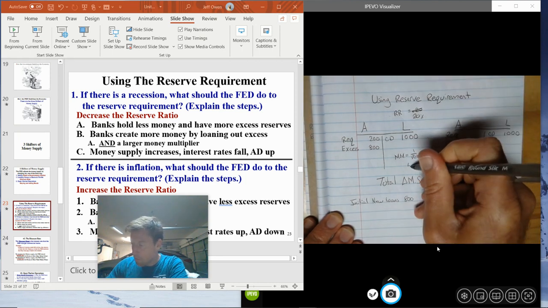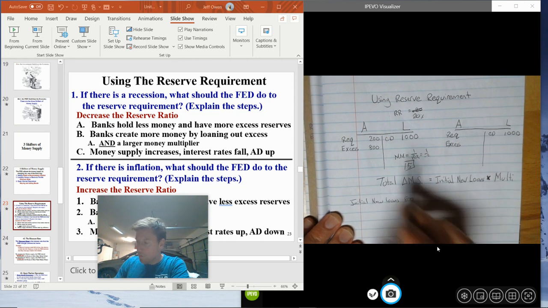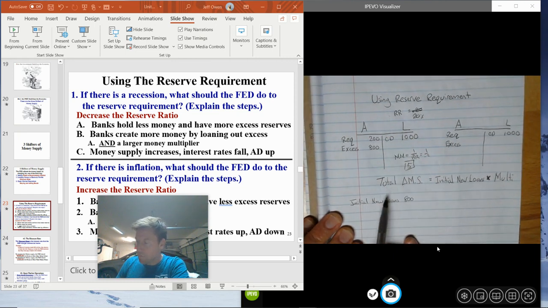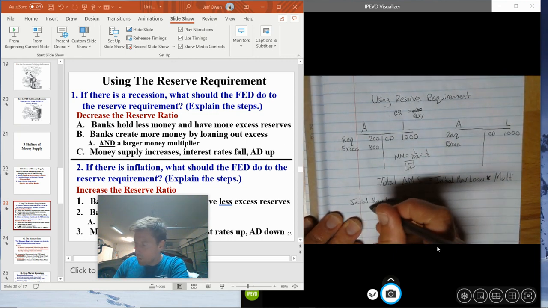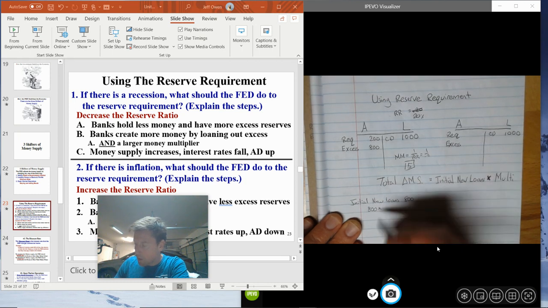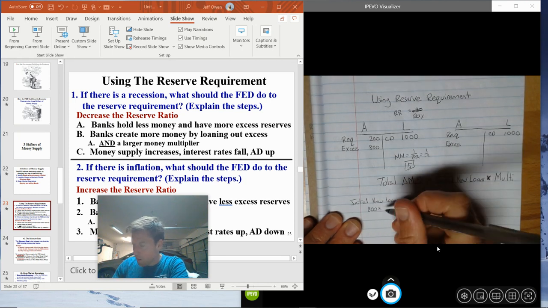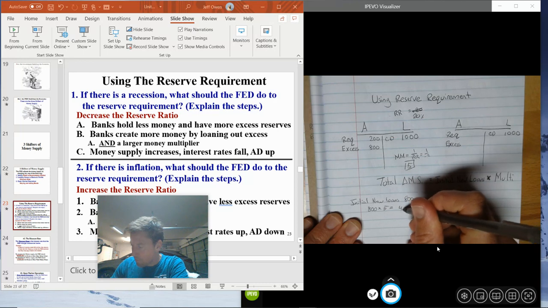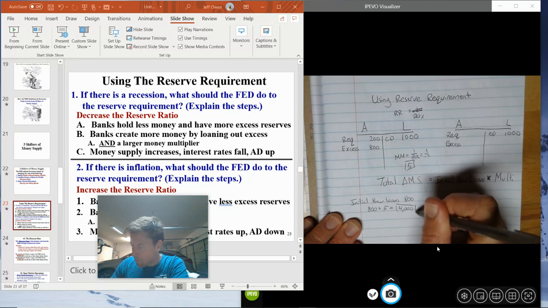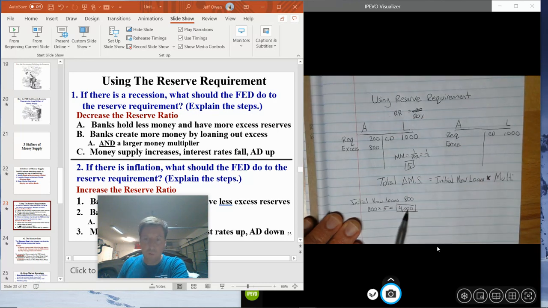My money multiplier is 5. So my initial new loans of $800 times my money multiplier of 5 is going to give me a maximum increase in the money supply of $4,000.